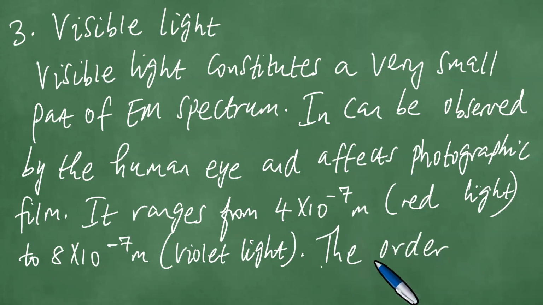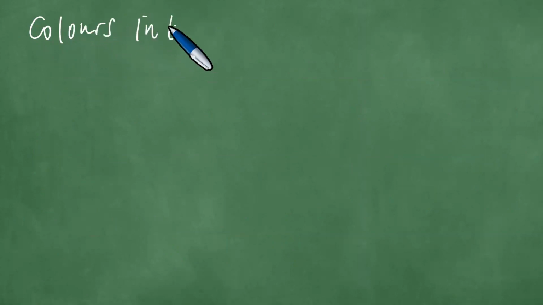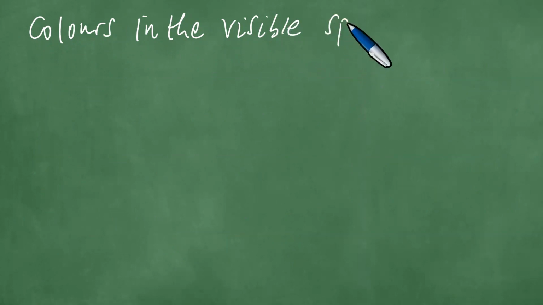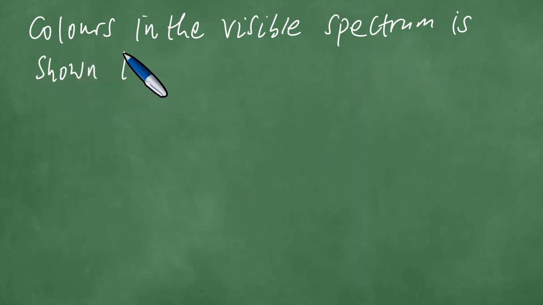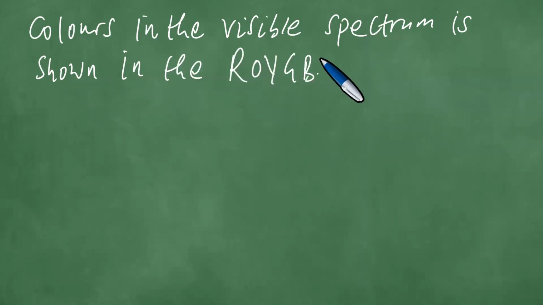The order of colors in the visible spectrum is shown in the ROYGBIV diagram.